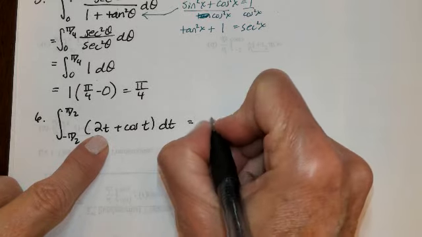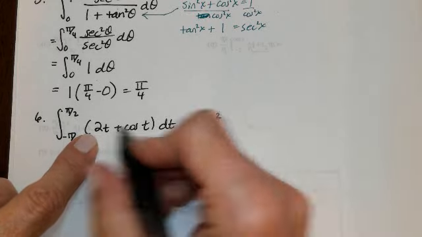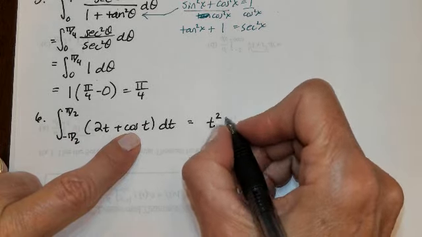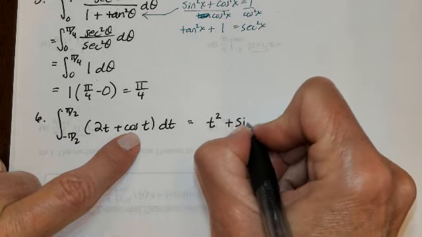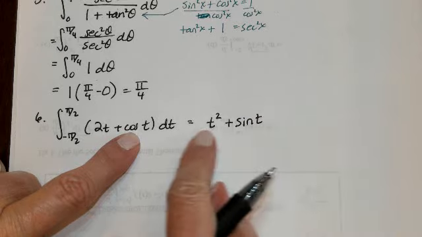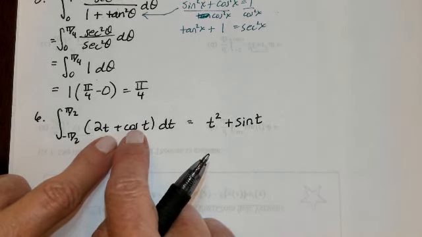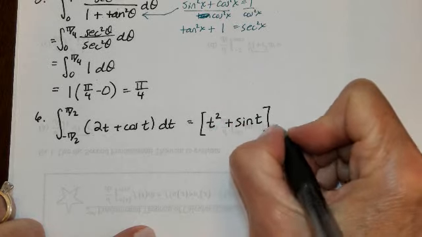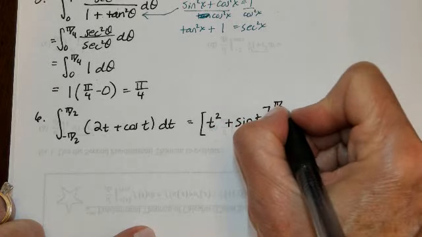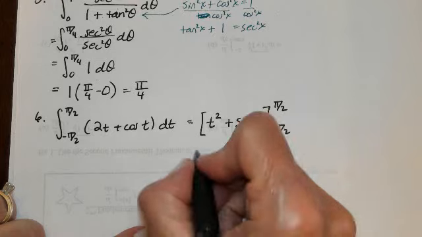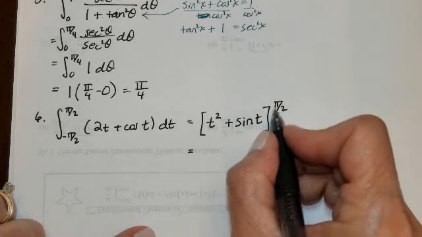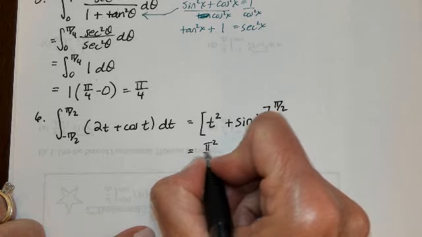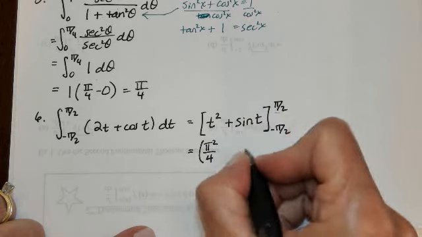So this would be t squared times 2 over 2, which is 1. And then the antiderivative of cosine t is sine t. You can always check this. Take the derivative. See if you get this back. Now we're going to evaluate this from negative pi over 2 to pi over 2. So first plug in pi over 2. If you plug in pi over 2 in for t, you're going to get pi squared over 2 squared.